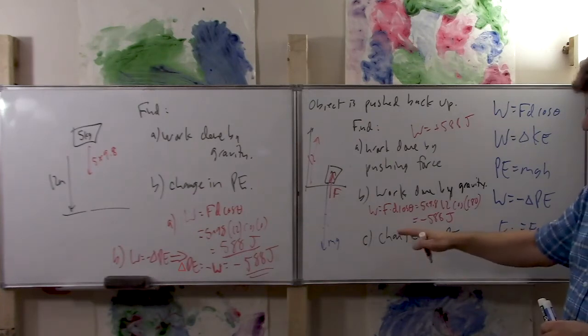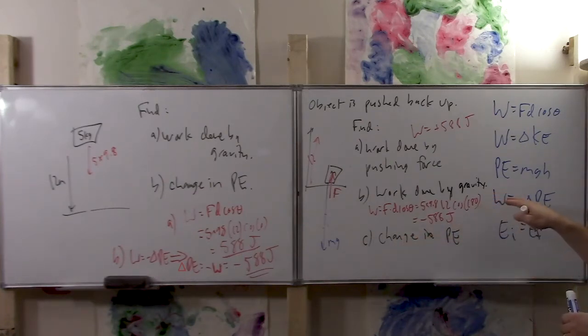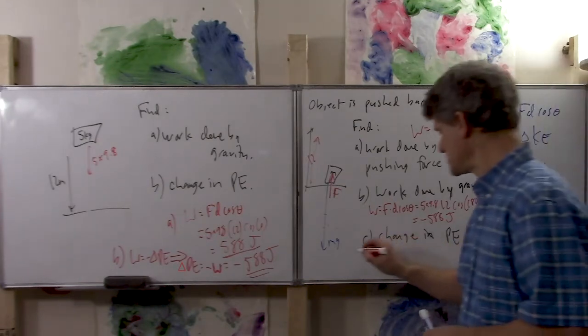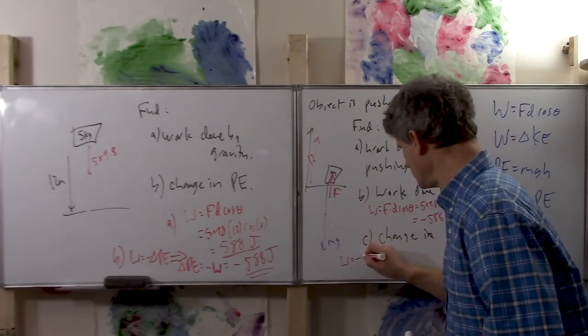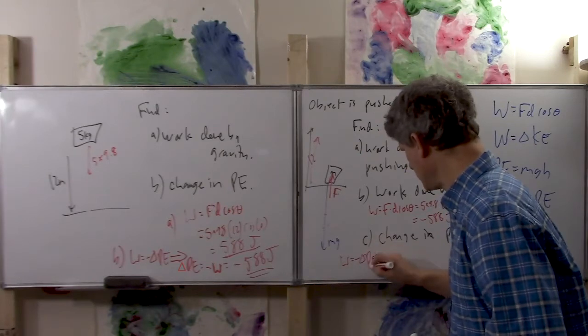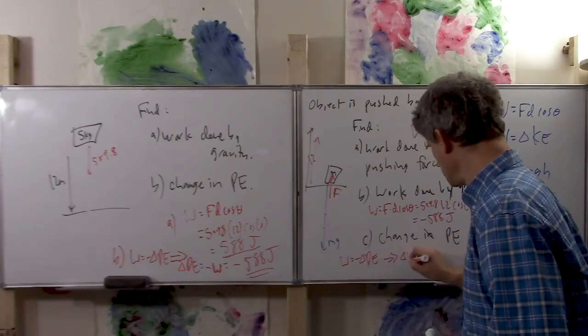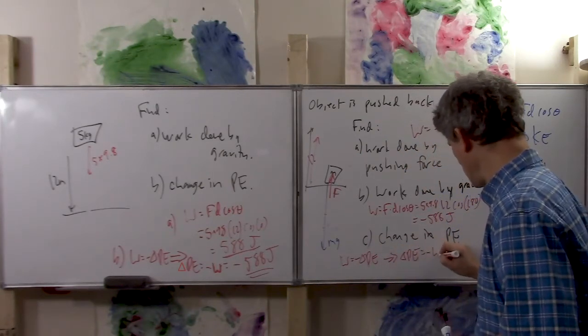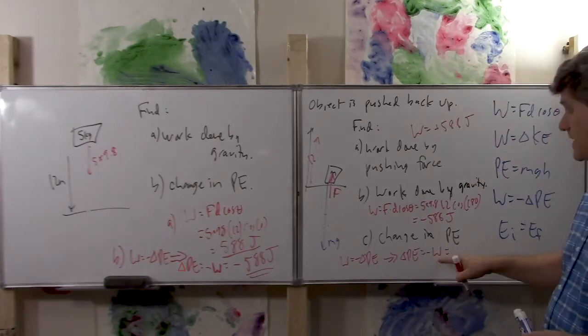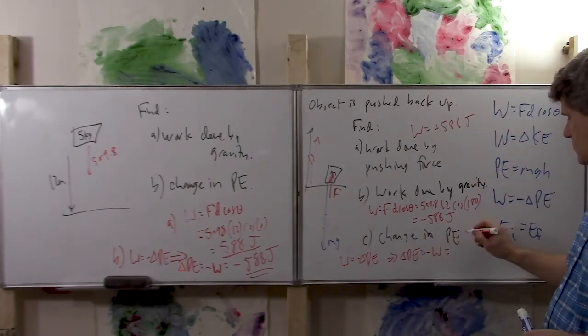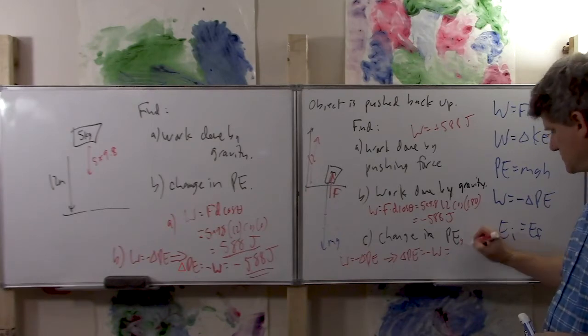Looking at part C, the change in potential energy, we can use the idea that work equals negative change in potential energy. That means that change in potential energy equals negative work done by gravity. So we have to be very careful. This is gravitational potential energy, we could put a subscript G on there.